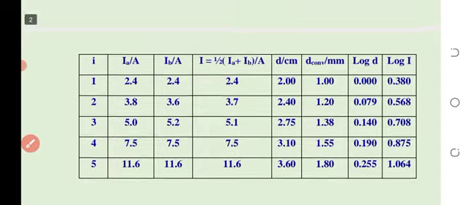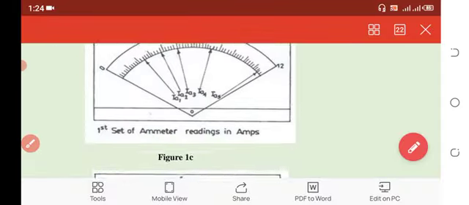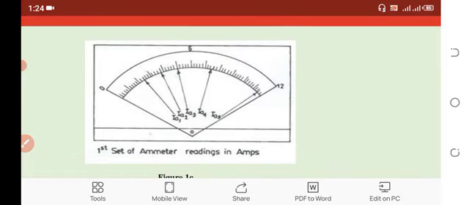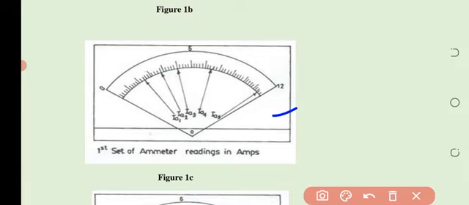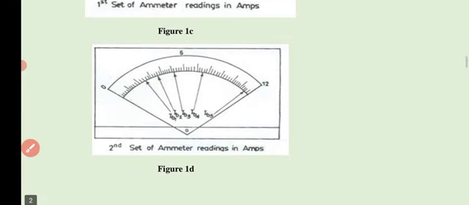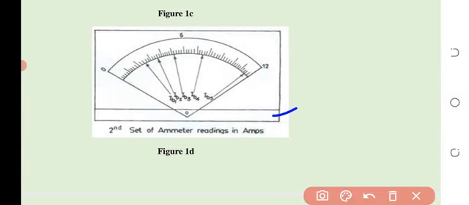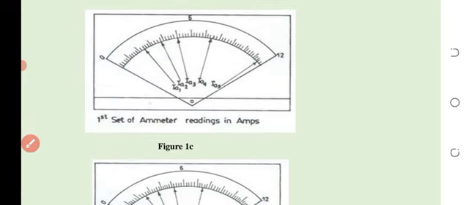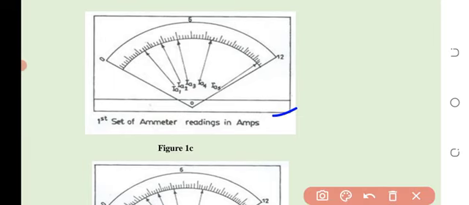Okay, what else do we do? We also have a figure showing the value of the current IA and IB. This is the figure showing the value of current IA, while the figure here is showing the value of current IB. And if you look through this very well, let's look at them. Now, to read this is very, very simple. Look at here.